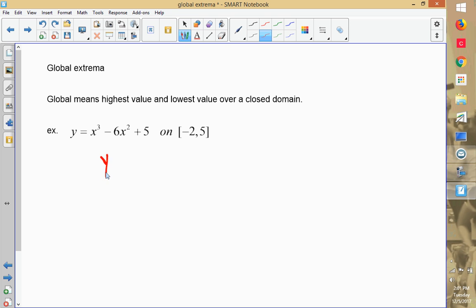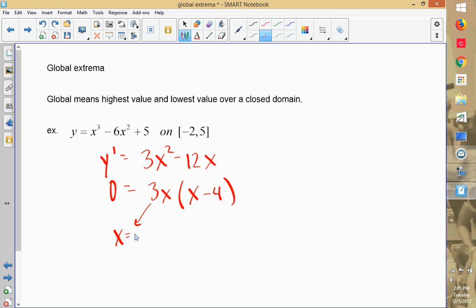So let's find our derivative to see if we have any critical numbers or stationary points. I'm going to set that derivative equal to 0. I am going to have two of them: one at 0 and one at 4. And it just so happens that both 0 and 4 fall in the domain that we're working on.